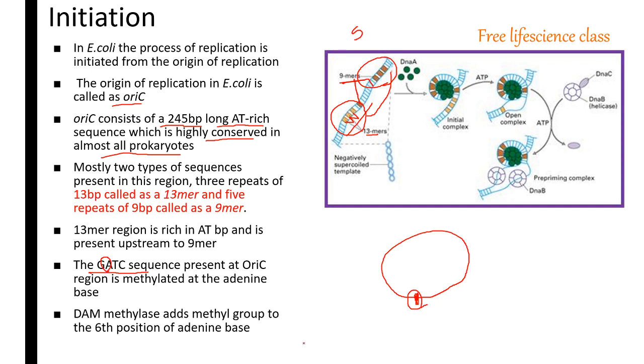So in the ORIC region there are 3 repeats of the 13-mer region and 5 repeats of the 9-mer region, and there is another sequence called GATC where the adenine is methylated. This methylation is done with the help of the DAM methylase enzyme, DNA adenine methylase.